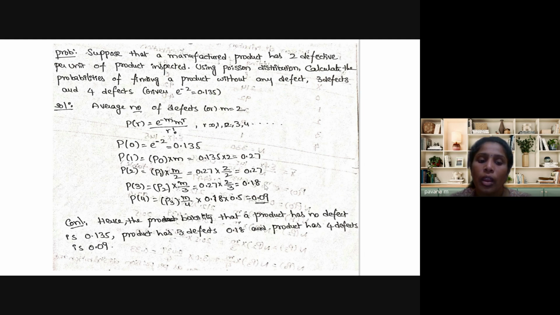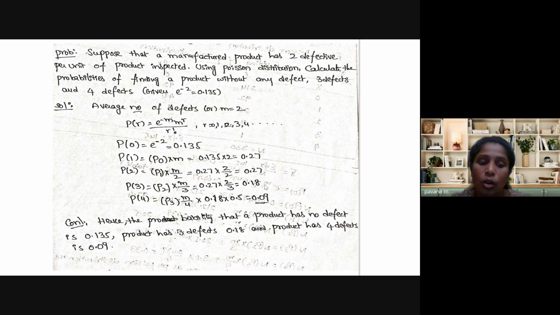So that's why you calculate P of 1 into m by 2, because m by 2 remains from m square by 2 factorial. So P of 2 is equal to P of 1 into m by 2. So 0.27 into 2 by 2 is equal to 0.27.